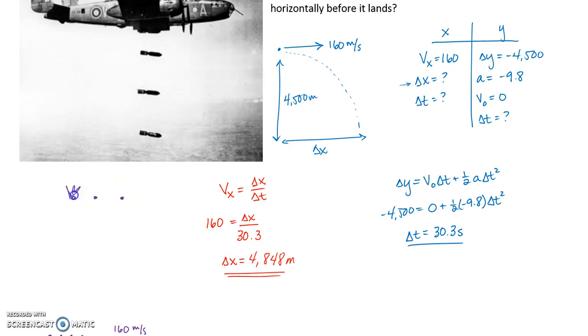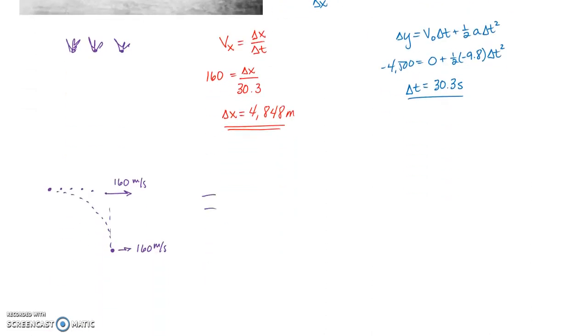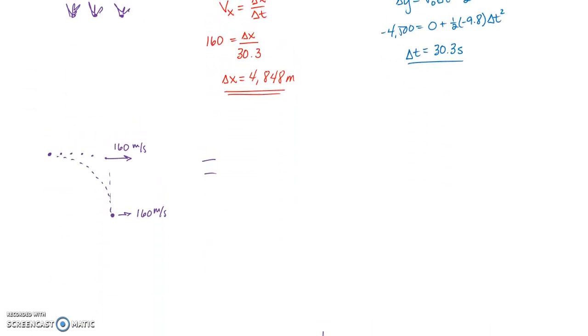So it'll be like boom, boom, boom, and I'm sure one of them hit the pickle barrel. One of them got where it was supposed to go, but definitely not all of them would land the exact same spot.